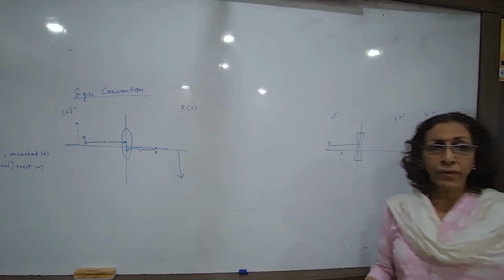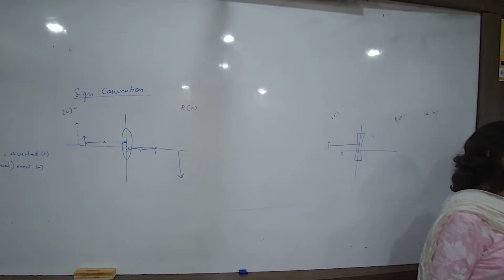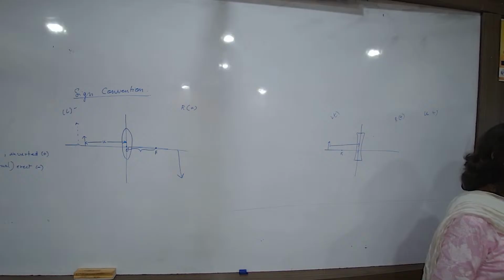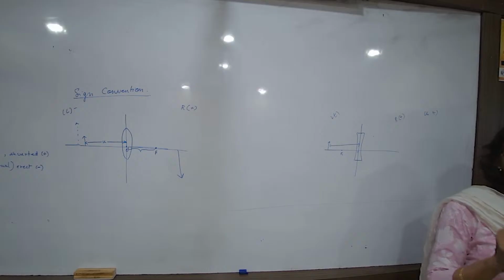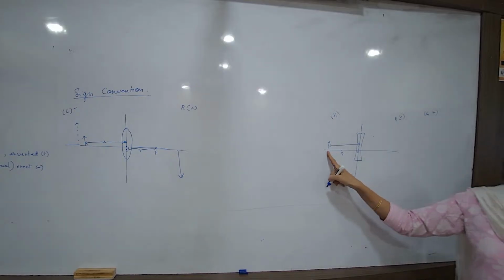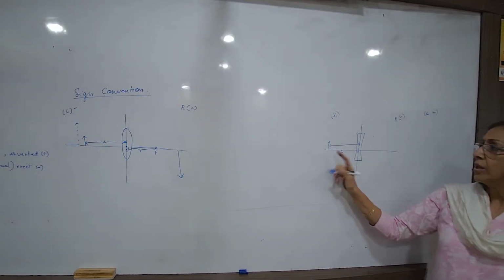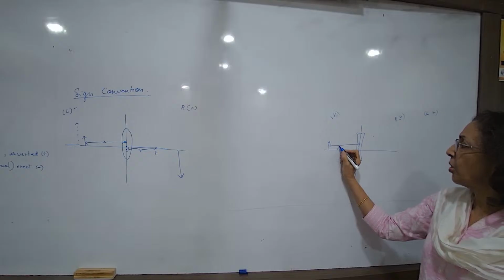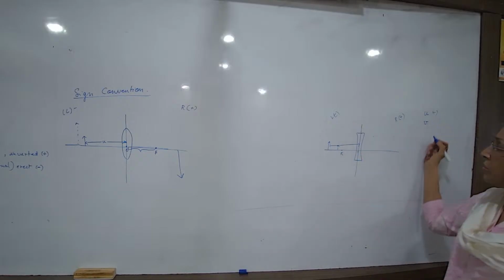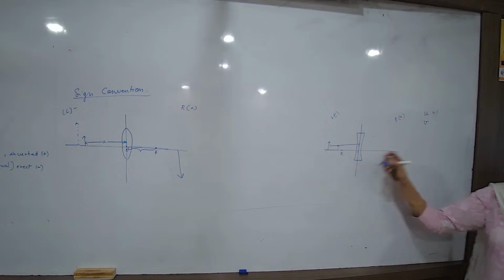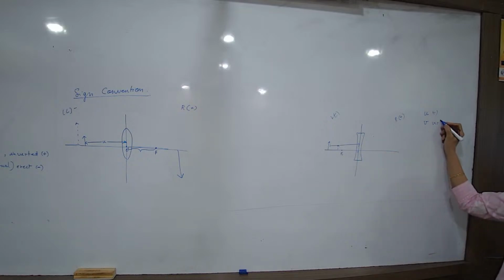Now if you look at the images which are formed by a concave lens, what type of image is it? Virtual. Yes, very good. And it is always going to be smaller than the object. So we may get something like this, a small one, somewhere like that. So your v, which is your image, is always going to be virtual.